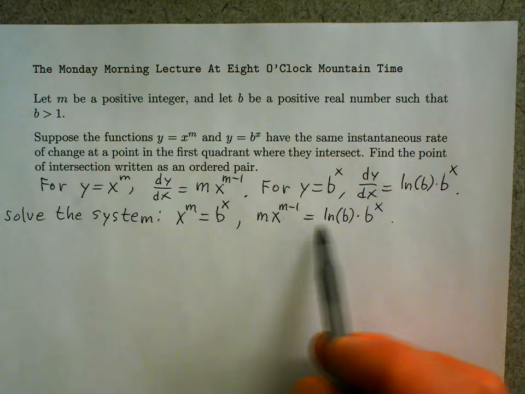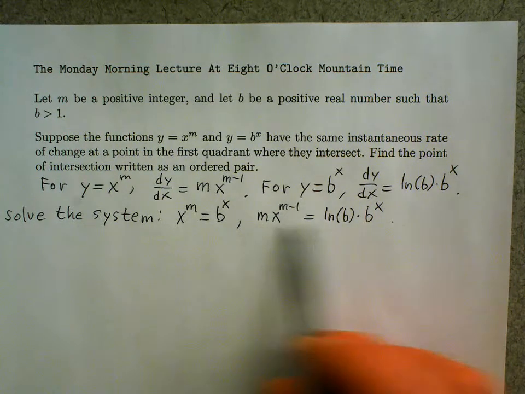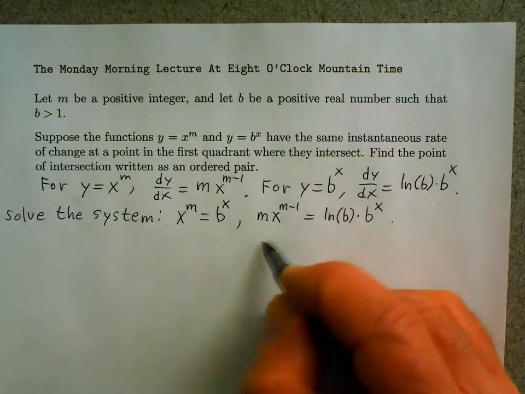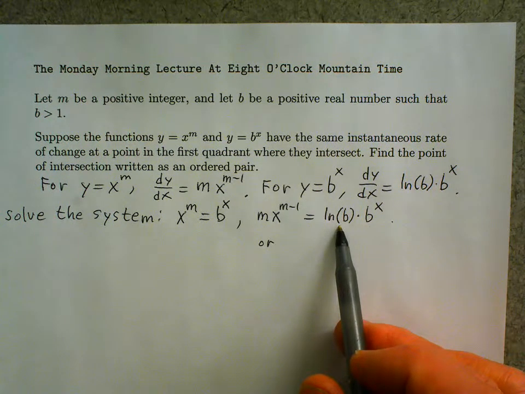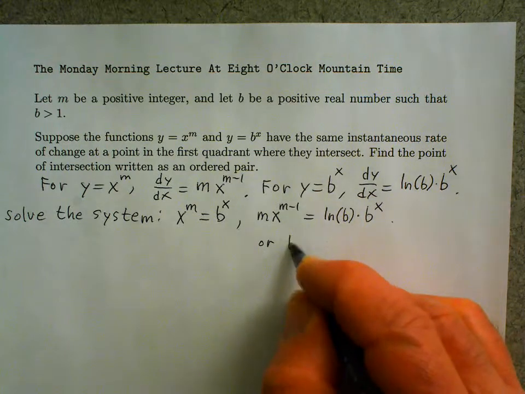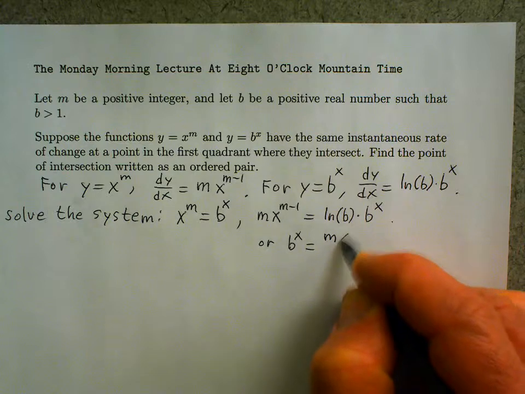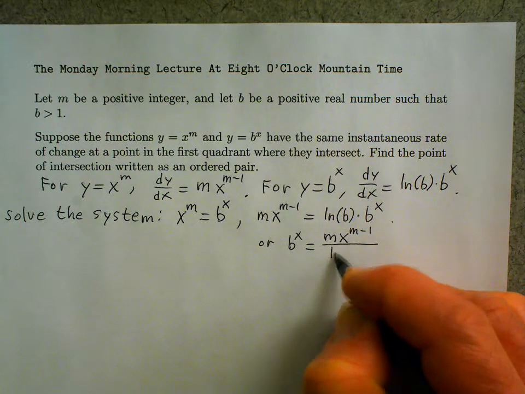Well, from the second equation, if we solve this equation for b to the x, we can do so if we divide both sides by the natural log of b. So b to the x is equal to m times x to the m minus 1 divided by the natural log of b.